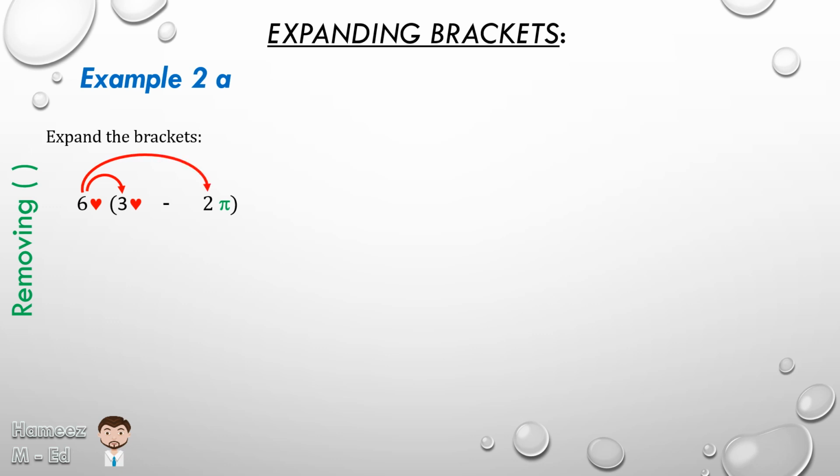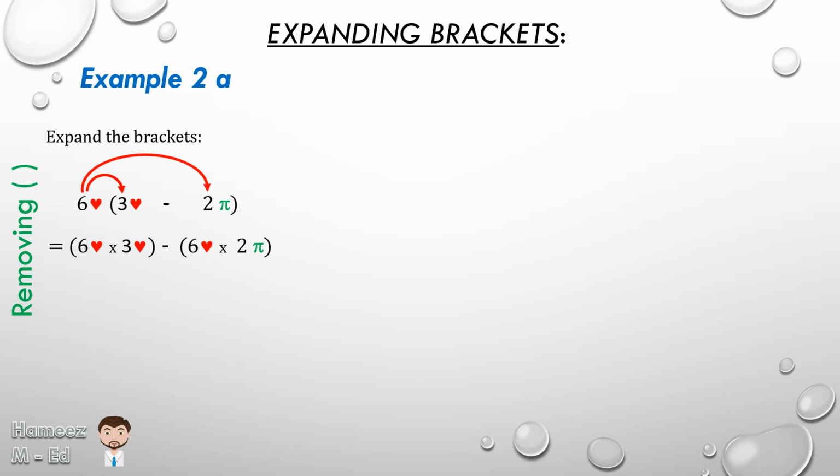This will give us 6 hearts times 3 hearts and 6 hearts times 2 pi. If you look at the signs, it is plus 6 times plus 3. Since the signs are the same, that will give us a positive. In the second multiplication, it's plus 6 times minus 2. There's a plus and a minus, those are different signs, therefore that will give us a negative.